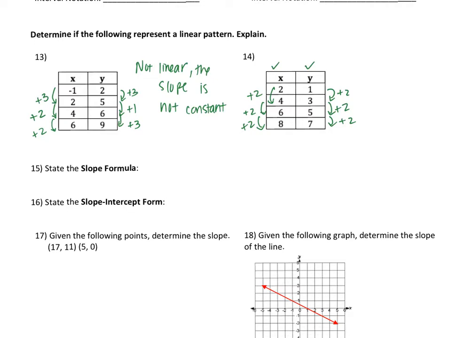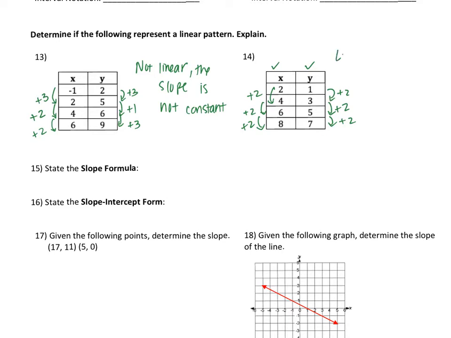Now let me just say here, it did not have to be that y's had to have been 2's, okay? x's and y's don't have to have the exact same pattern, but they need to be consistent throughout, like the x's should all be the same, and the y's should all be the same. So this y could have had a pattern of adding by 3. But as long as they were consistent throughout, it's still linear.